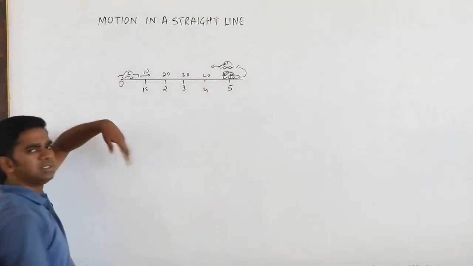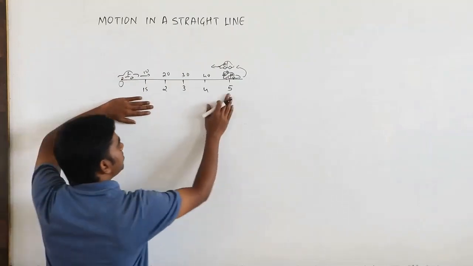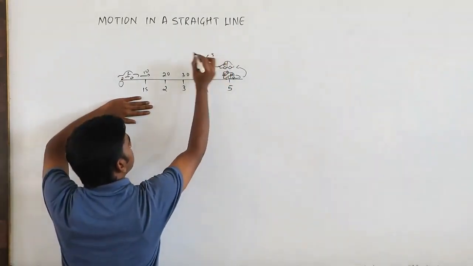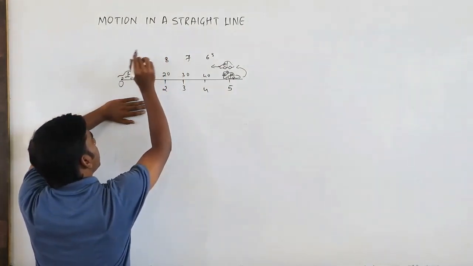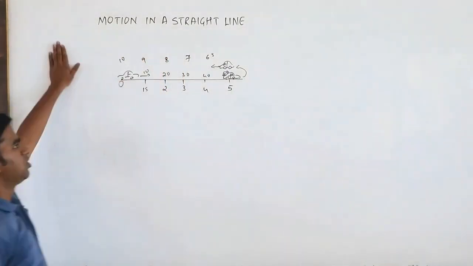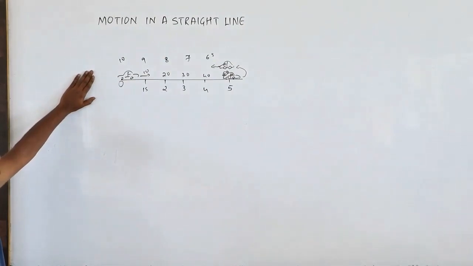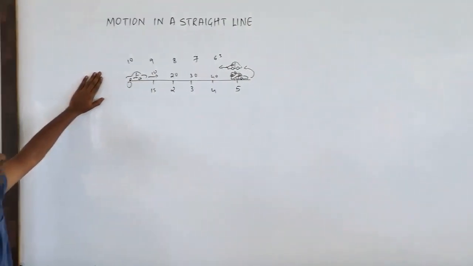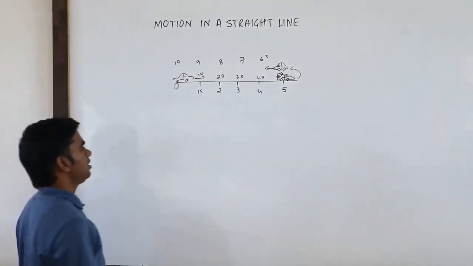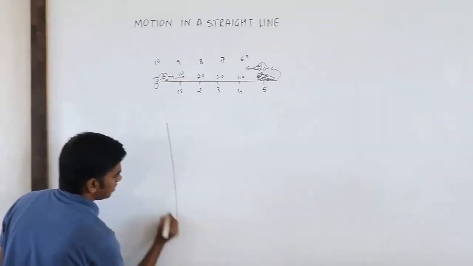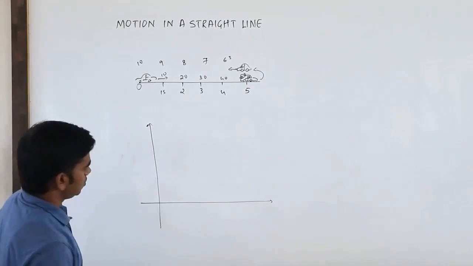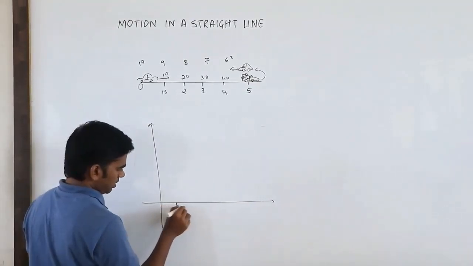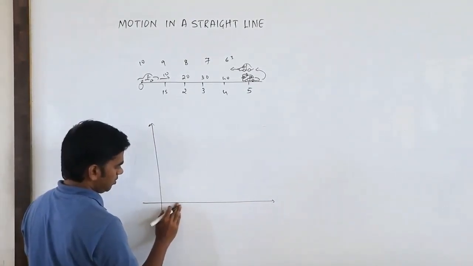Time will keep on changing only. So 5th second, then 6th second, 7th second, 8th second, 9th second, 10th second. Okay, so this is the motion. Now if I plot the graph for this one, what will I get? So 1 second, we need more time.